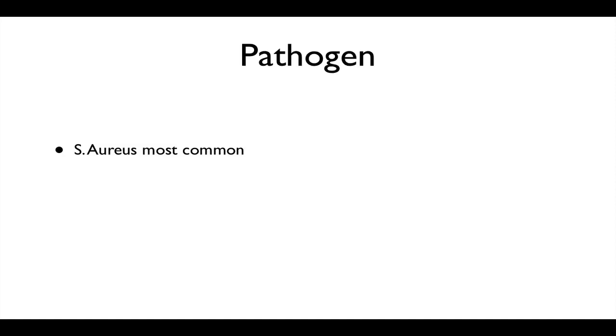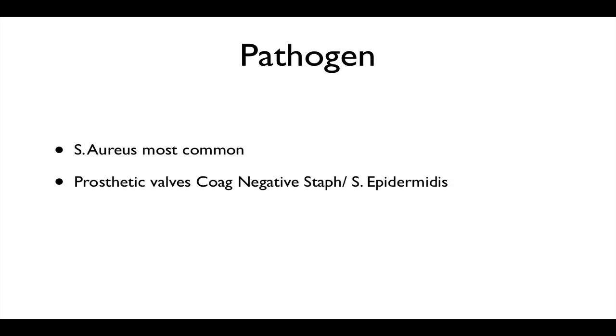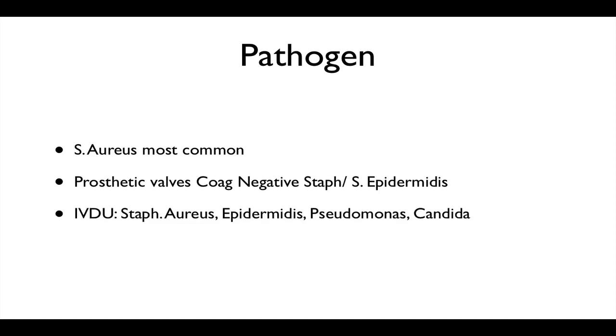So the pathogens associated with it: Staph aureus is by far the most common. In prosthetic valves, coag-negative staph and Staph epidermidis can also be found, and that's obviously when you've got a prosthetic valve. Obviously, it doesn't have the normal immune systems that you would expect. In IVDU, Staph aureus is still common, as is skin flora, as is epidermidis.